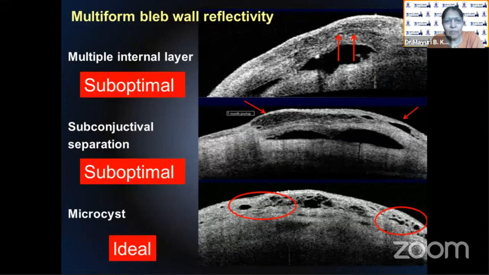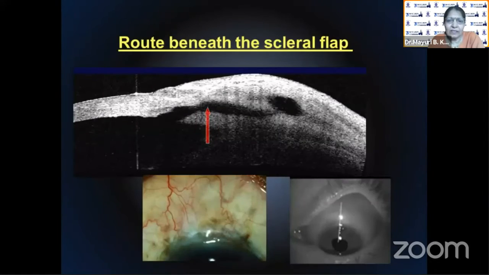Again, multiform bleb wall reflectivity is divided into multiple internal layers, as shown here, and subconjunctival separation. These two are suboptimal as far as success is concerned, but multiple microcysts, as shown here, is an ideal bleb and always guarantees success.